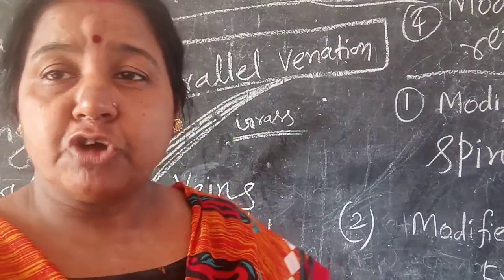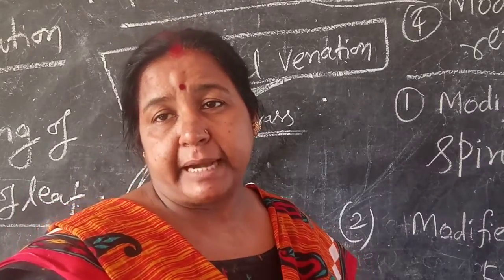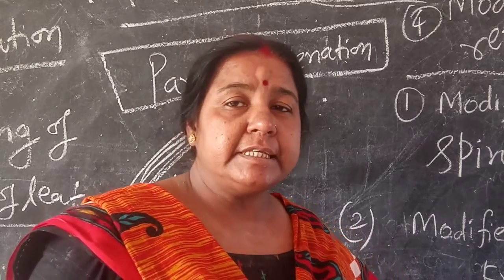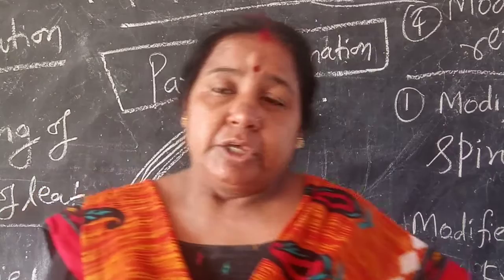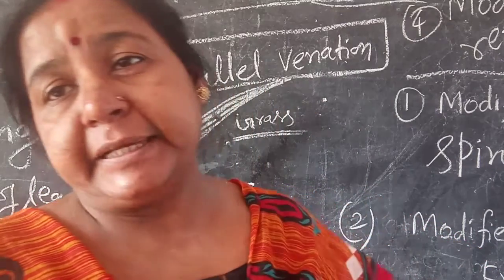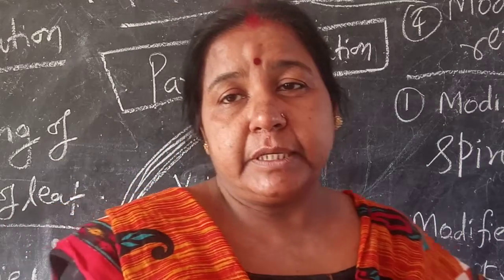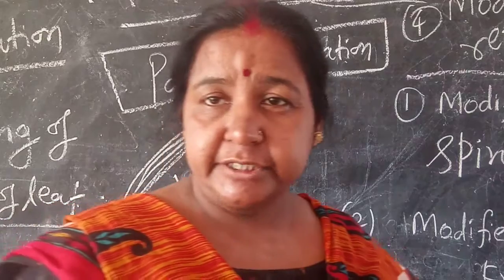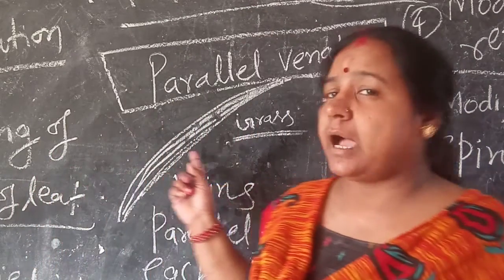So arrangement of veins in any particular form is called the pattern, and that is called the venation. You can see it in peepal leaves. You take a peepal leaf and keep it in your book, and after 8 days you will see the venation of the leaf.